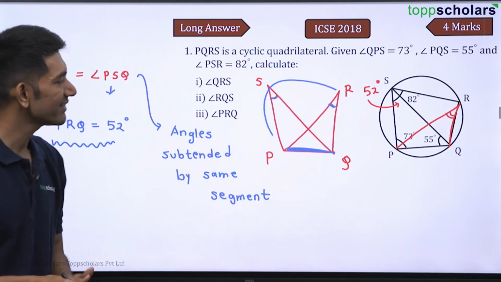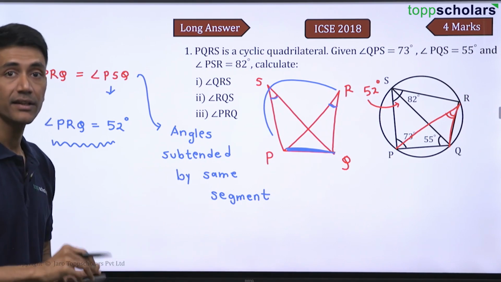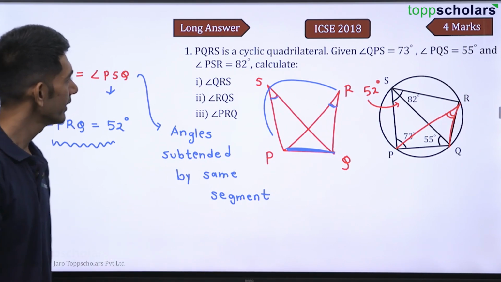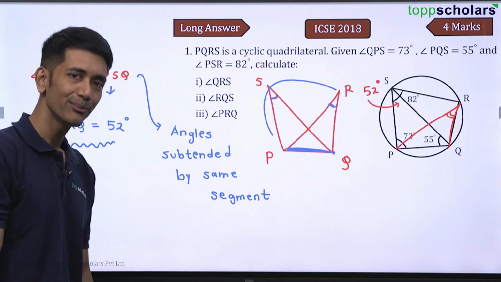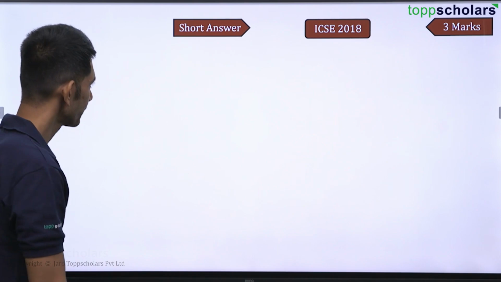And both the points S and R are on the circle. In that case, they are always equal. Okay. So I hope you have got this question. We have solved all the three parts. Simple. Let us move further.